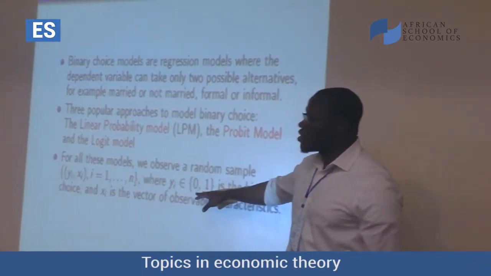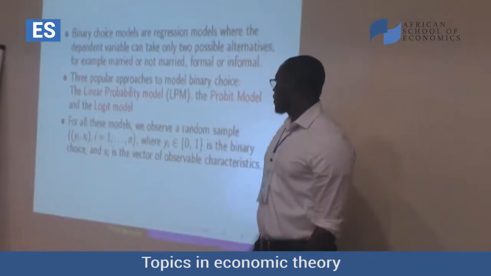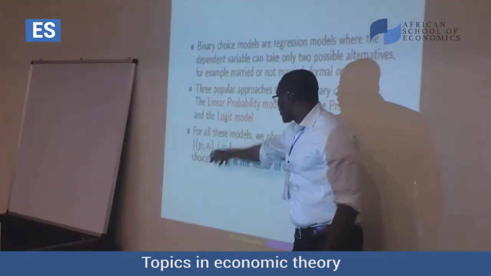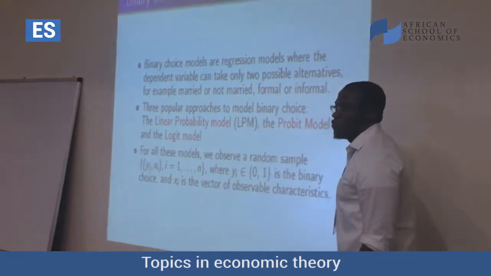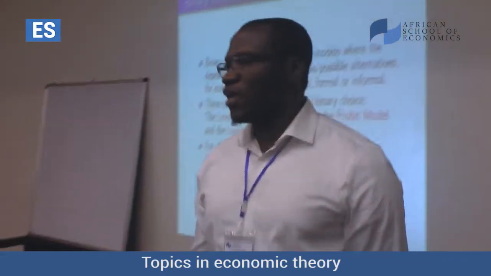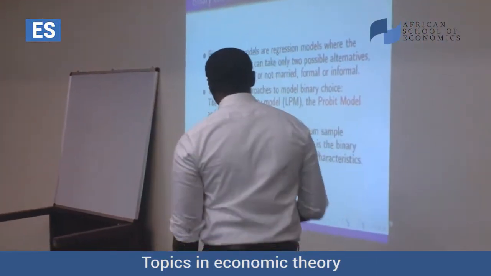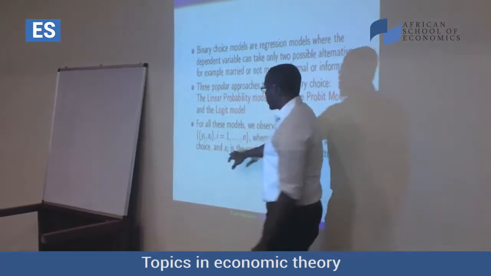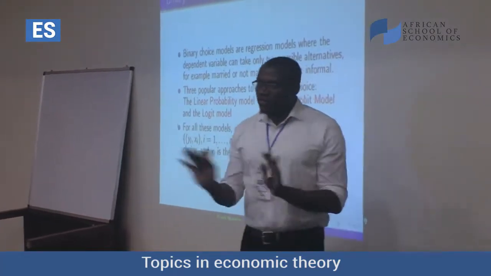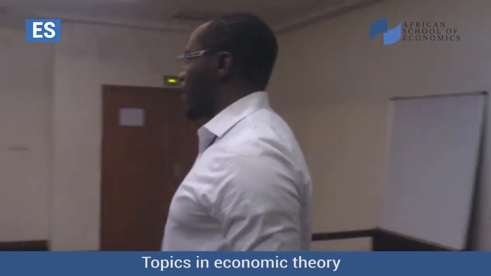For each firm, we know whether the firm is formal or informal. And then we also observe the other characteristics of each individual. For each firm, we know the size of the firm, the age of the firm, the location of the firm, right? So those are the vector of characteristics. That's going to be our basic assumption. That's the data that we have.